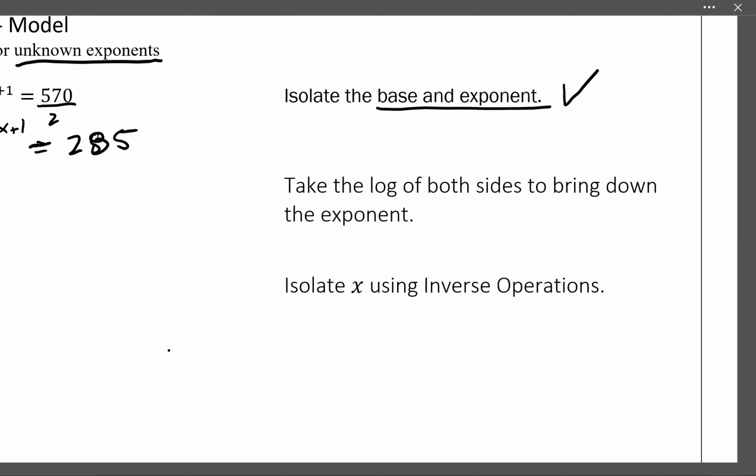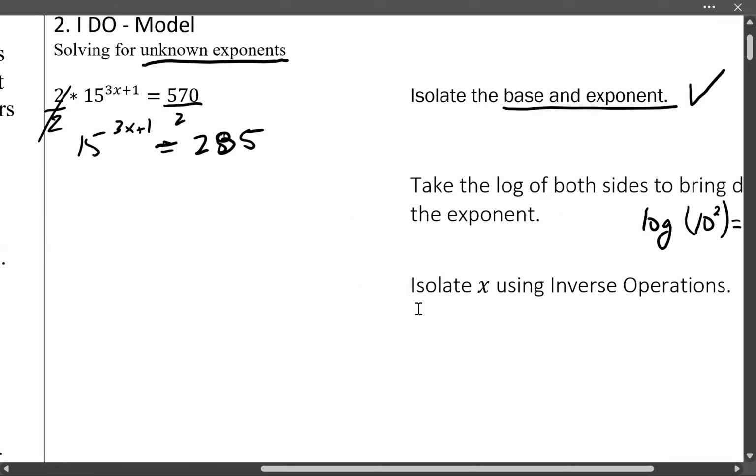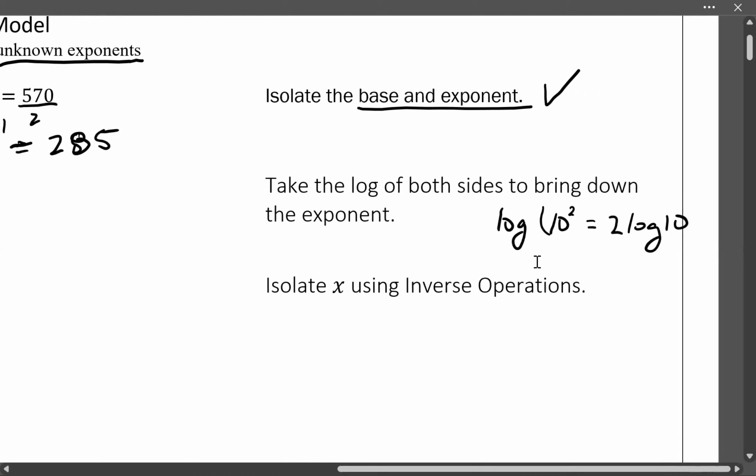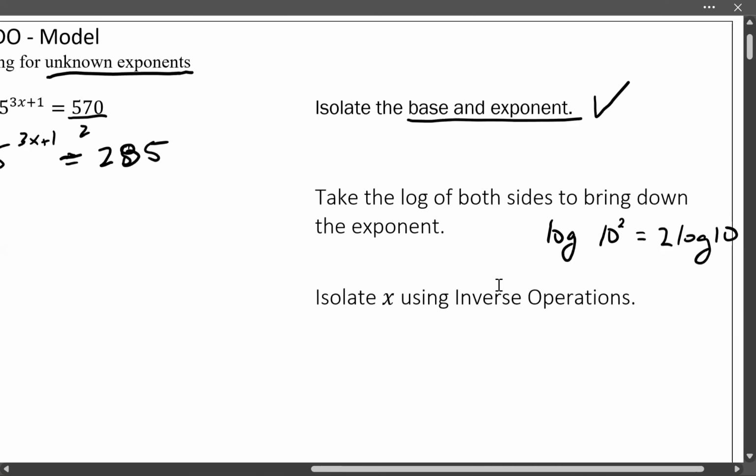If we have something like the log of 10 to the second power, this equals the same as 2 times the log of 10. So when we take the log of something with an exponent, what we can do is bring that exponent down in front as a coefficient.